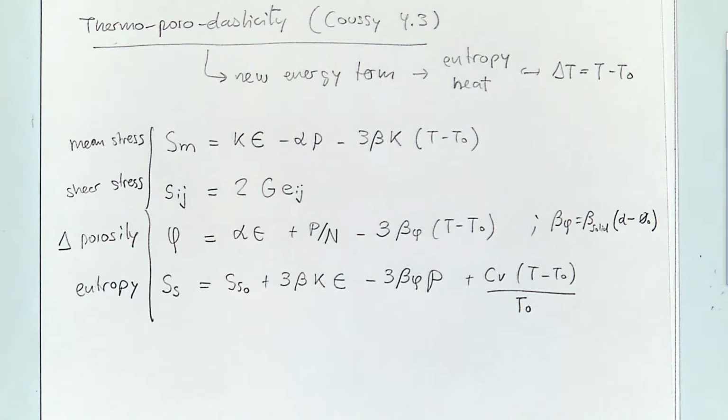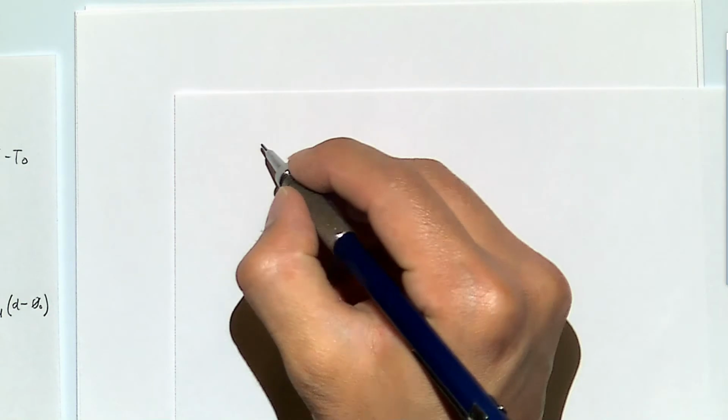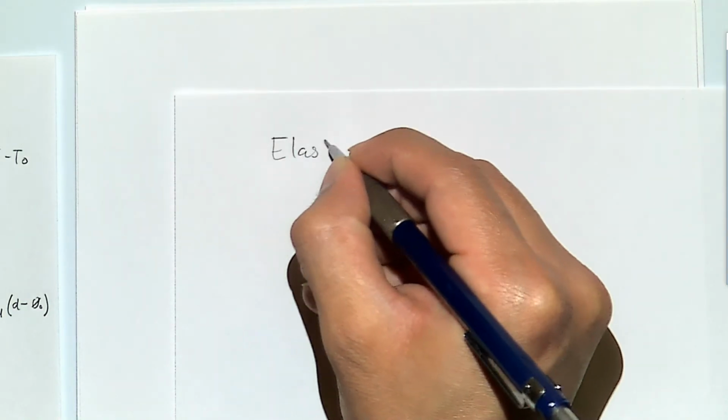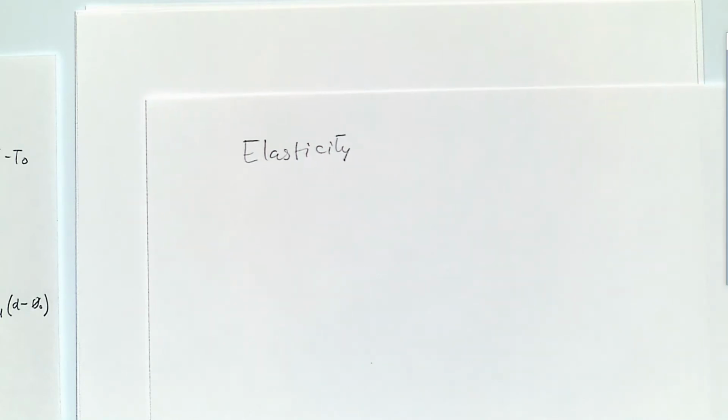All right, let's see how are we doing with time. We have about 30 minutes. All right. Let's do a list here of things we have seen so far. Okay, so we have seen, first of all, elasticity, right?